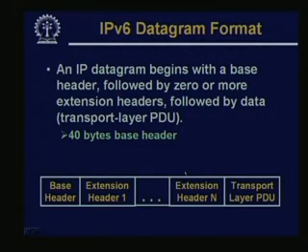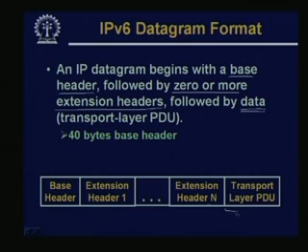Well, as I had mentioned earlier, an IP datagram will always begin with a base header followed by 0 or more extension headers, and finally you will be having the data part. This data part will be coming from the layer on top of IP.